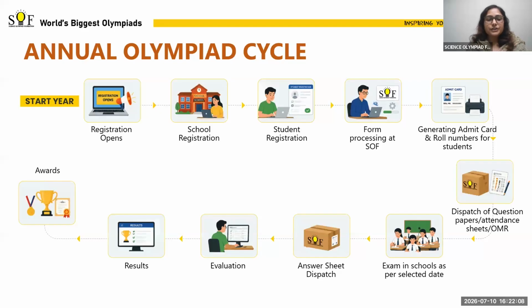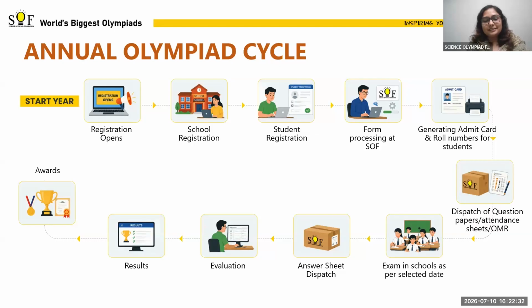Once we receive the OMR sheets, they are evaluated, results are declared, and the process includes the award function, results, everything. At the conclusion, awards, medals, certificates, and performance reports are shared with the deserving students, teachers, and schools.